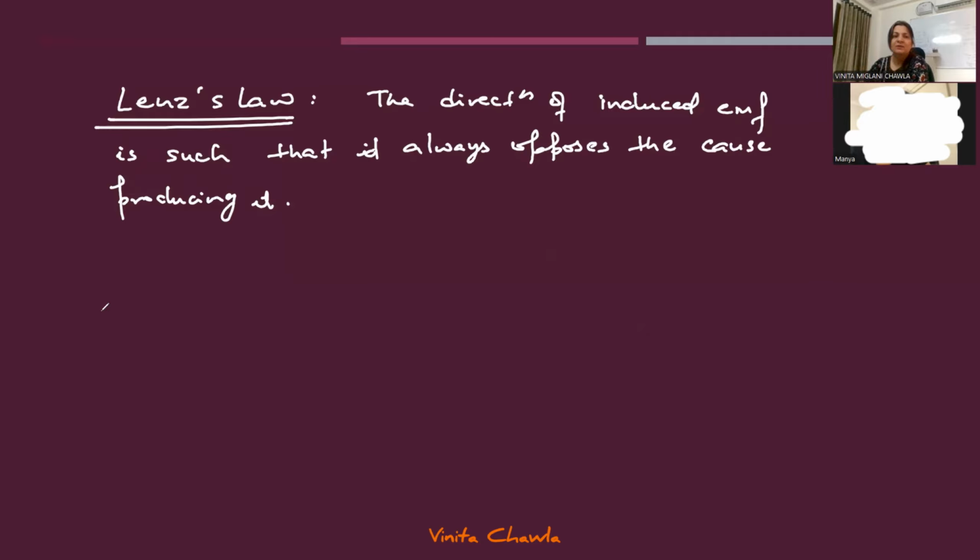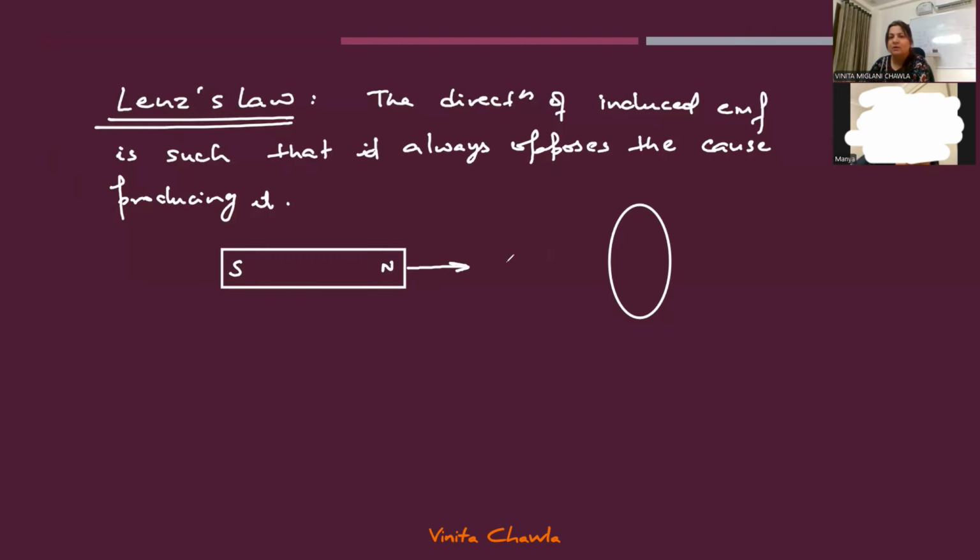So to understand this, let's consider a situation where we have a coil and a magnet. This is the north pole of the magnet and this is south. If we move the magnet towards the coil, the number of field lines entering the coil will increase, right? Because the number of field lines entering the coil is increasing, the magnetic flux linked with the coil is also increasing.